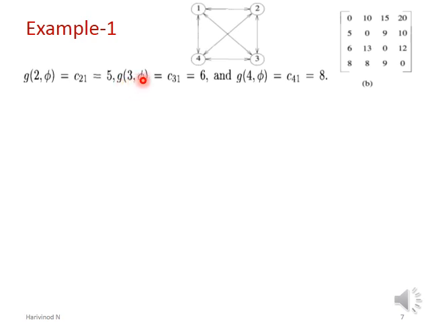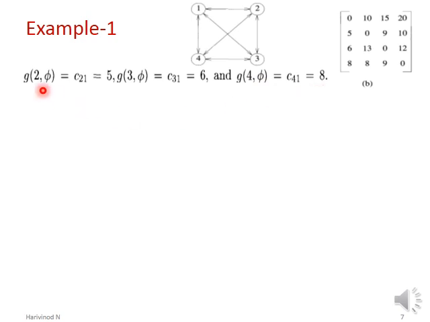It means it is the direct edge C of 3, 1, which is equal to 6. The next one, G of 4, null means start from 4, visit none of the vertices and come back to 1. It is the direct edge 4 to 1, which is 8. Now we can observe we have started with the smallest problem where there is no intermediate vertex, so this particular set S is taken as null.